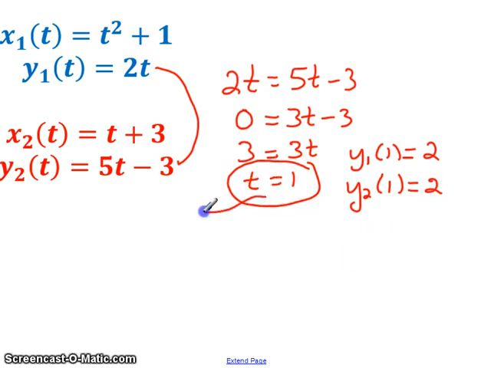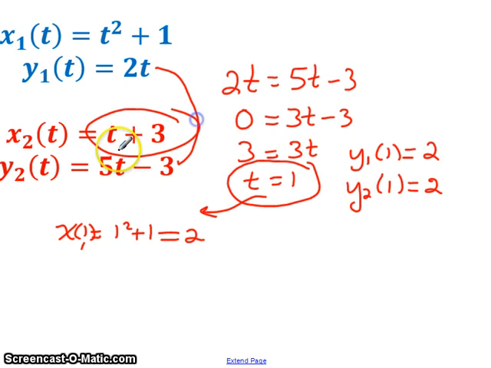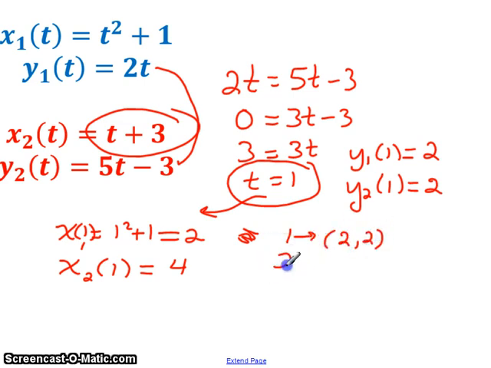So now let's take t equals 1 and plug it into our x values. x1 of time 1 is going to be equal to 1 squared plus 1, and that's going to give us a value of 2. t equals 1 in this expression for x2 is going to give us 1 plus 3 is 4. So at t equals 1, object 1 is at position 2, 2, and object 2 is at position 4, 2, and therefore they do not collide.